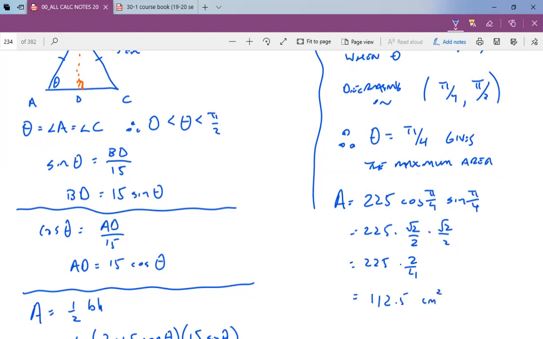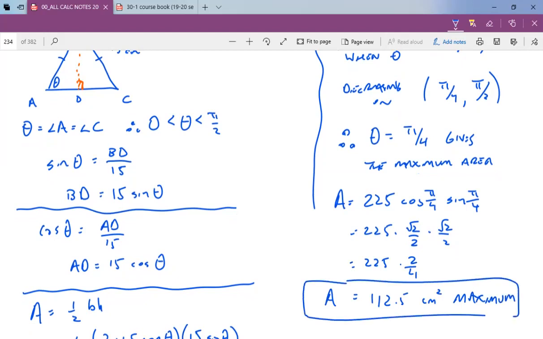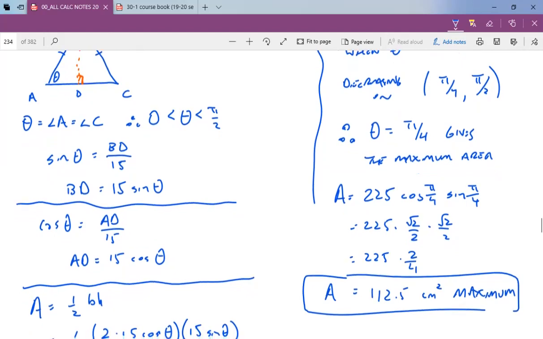Units on this. In context, that ends up being your maximum area is 112.5 square centimeters. Woo. All right.